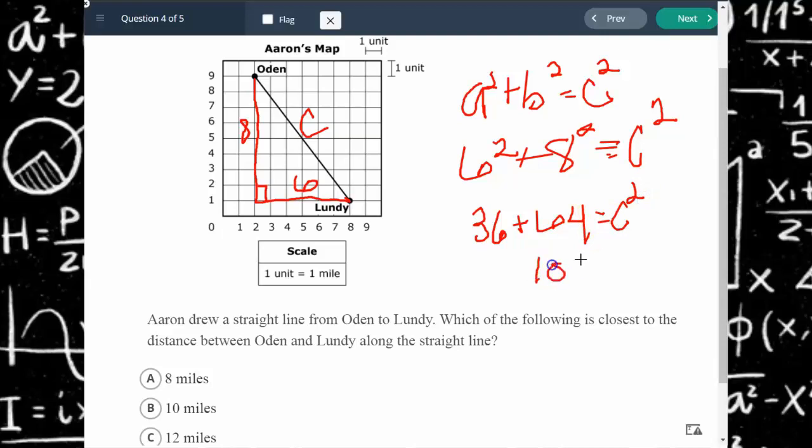The sum of 36 and 64 is 100. Square root of both sides gives me the diagonal length. The distance between the 2 cities is 10. And because each unit is equal to 1 mile, I know that that is 10 miles, or B.